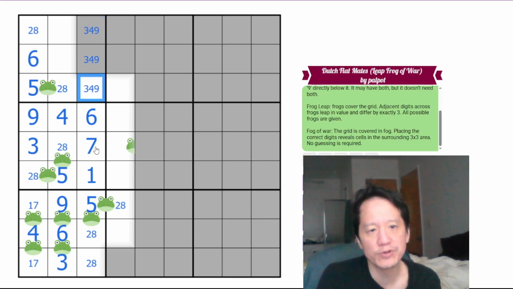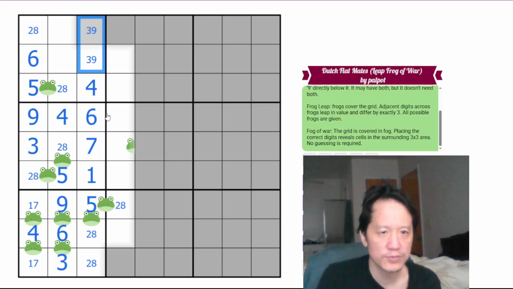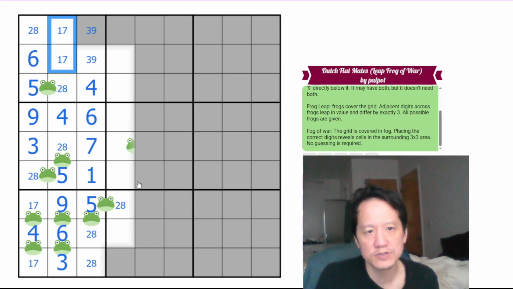This cannot be 3 or 9 because there's no frog in between them. And 6 must have a frog in between it and 3 and 9 because it's exactly 3 away from 3 or 9. So this is a 4. This can't be 4 here. That makes this a 3-9 pair. What are the remaining digits in this box? It must be 1 and 7. So this is 1 or 7.